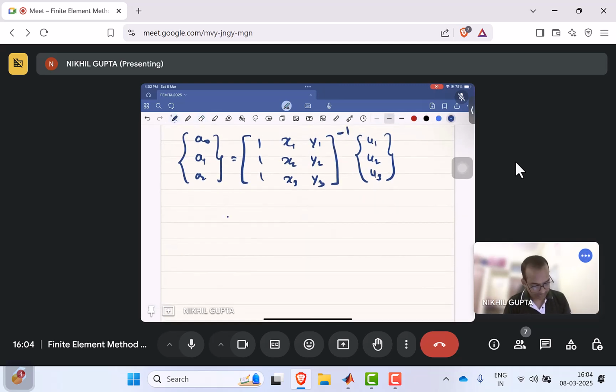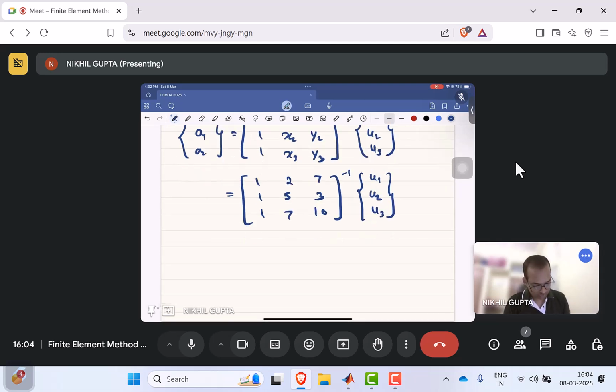It will be 1 2 7, 1 5 3, 1 7 10, inverse of this, times u1, u2, u3.